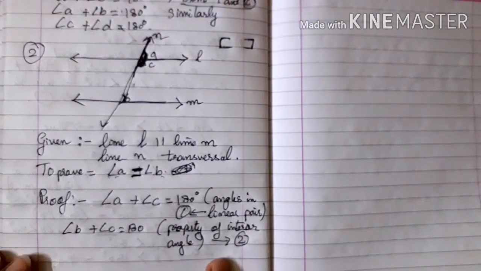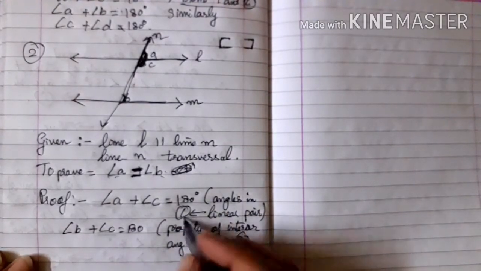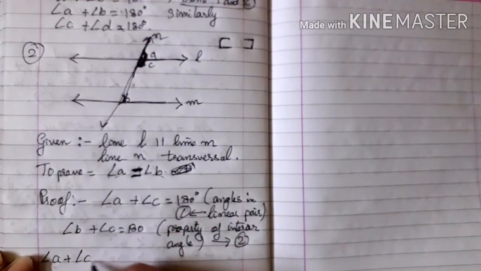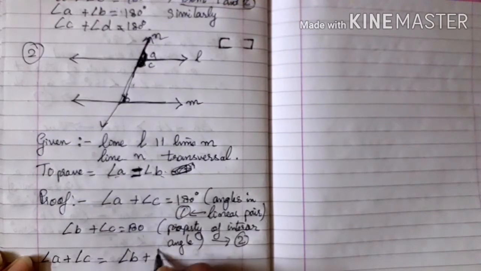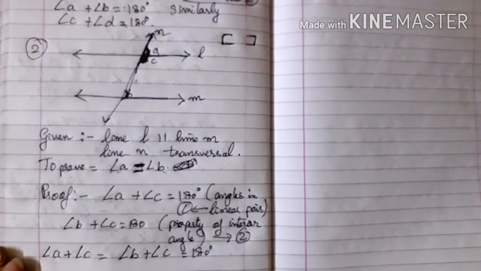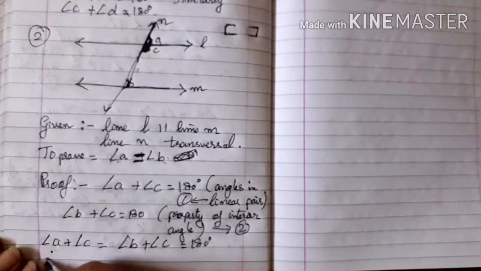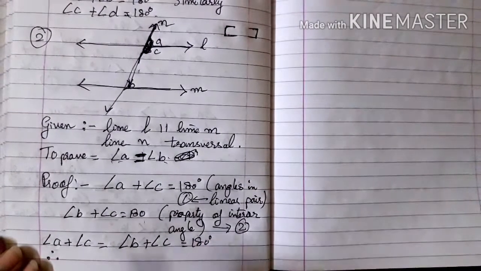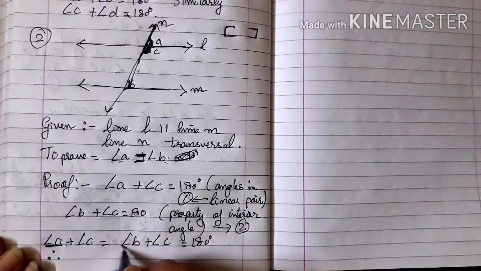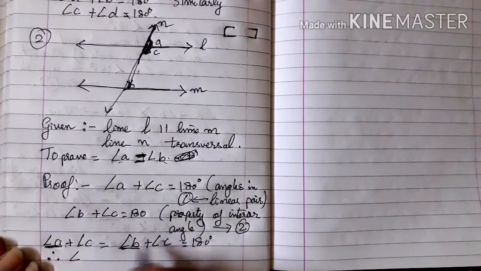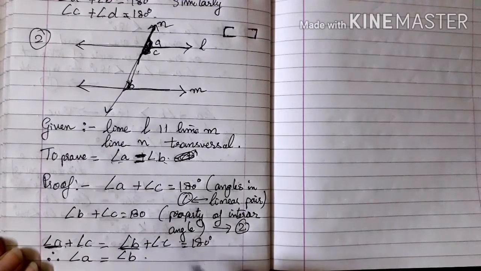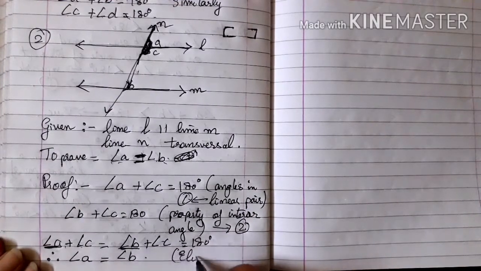Now, from first and second, you will see that angle A plus angle C is equal to angle B plus angle C is equal to 180 degrees. From these two, we got this. From this, it is proved that angle A is equal to angle B, because C is common. Eliminating C, angle A is equal to angle B. You have to write it over here.